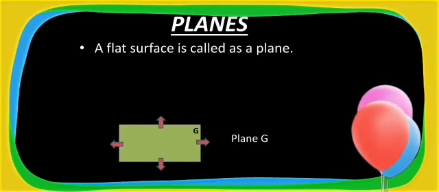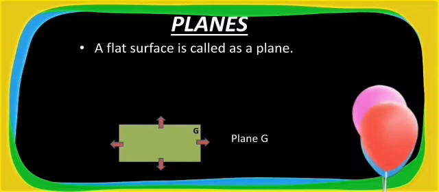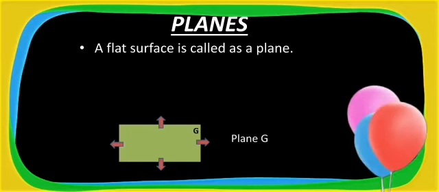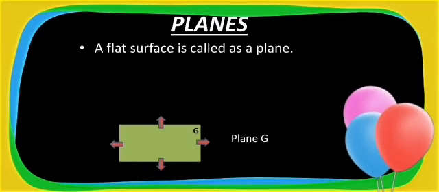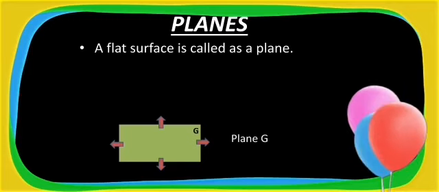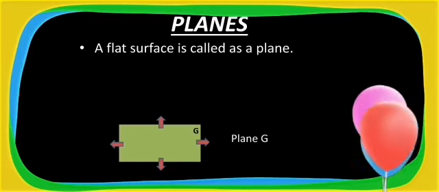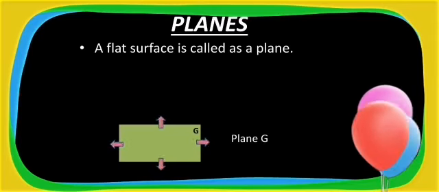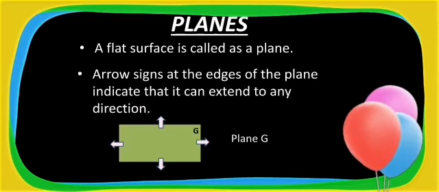These arrowheads indicate that this plane can be extended in any direction, whether you go to the left side or right side, the plane can be extended by you. So this is one more property of the plane that you have to remember. The property says arrow signs at the edges of the plane indicate that it can extend in any direction.